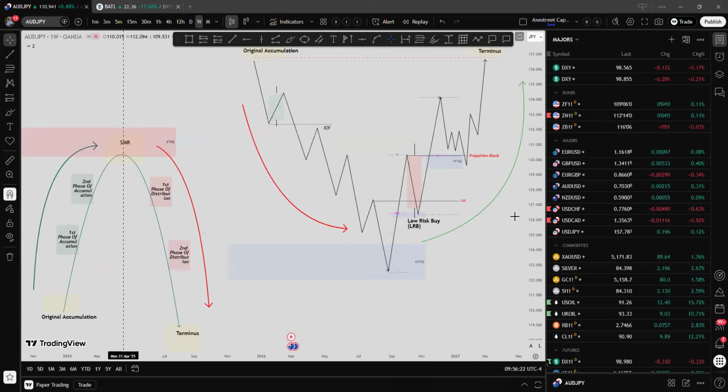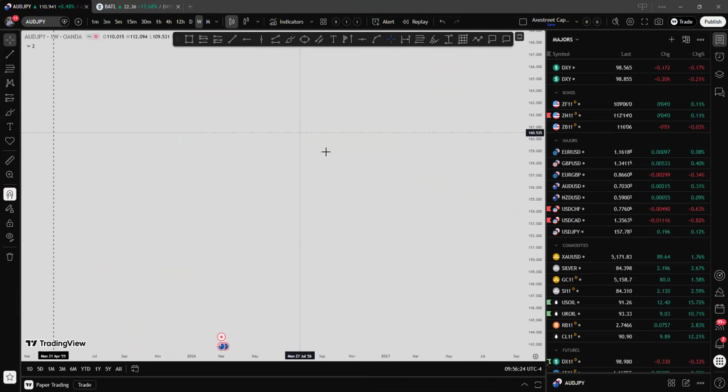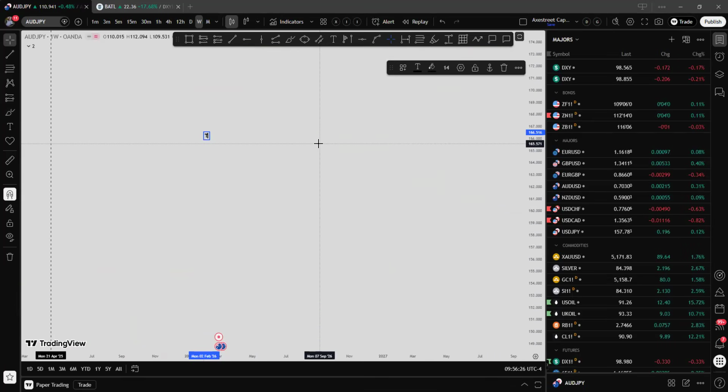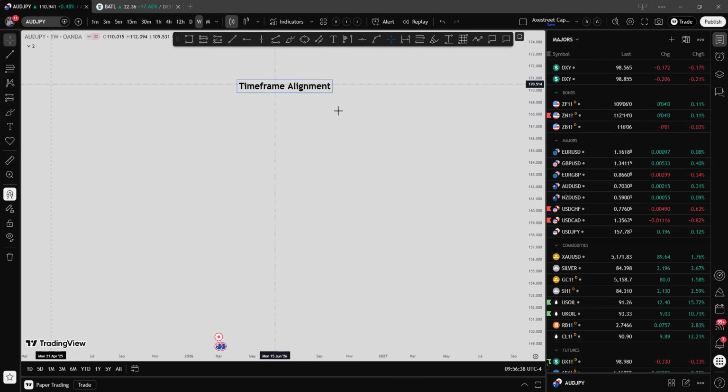So, yeah, now there's something called time frame alignment, guys. Okay. Time frame alignment. This is something that I myself, on a personal level, have struggled with in the past. Okay. It took me countless backtesting sessions to truly understand what I'm looking for.